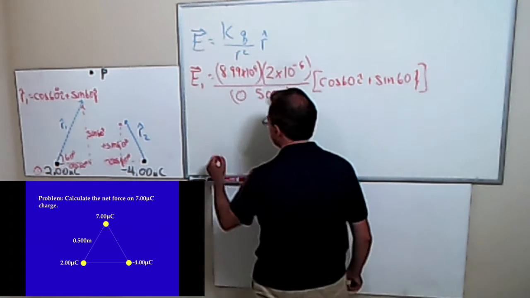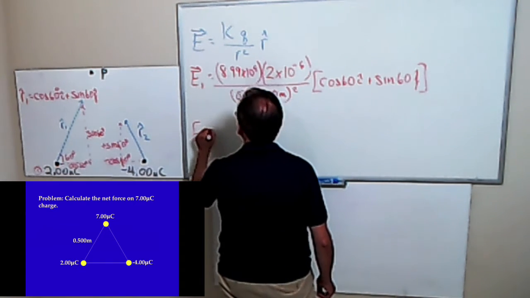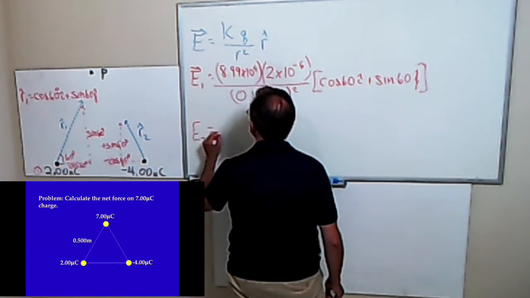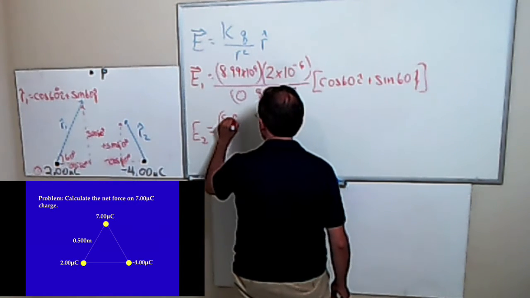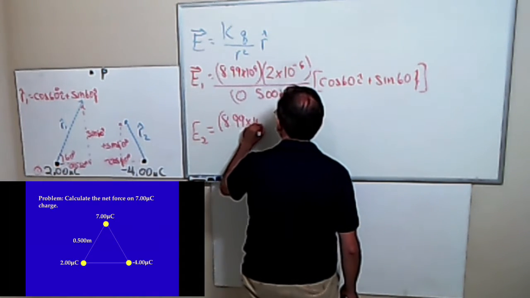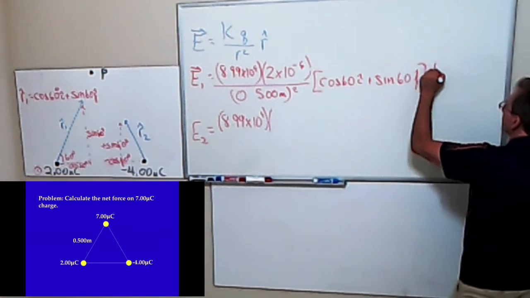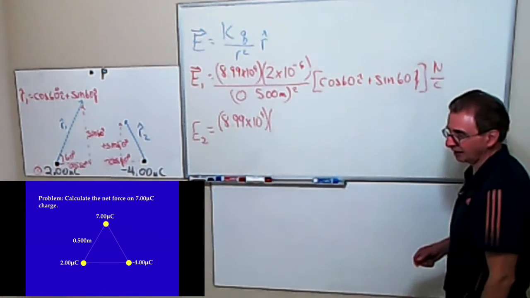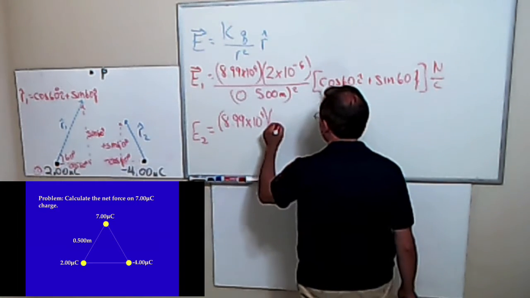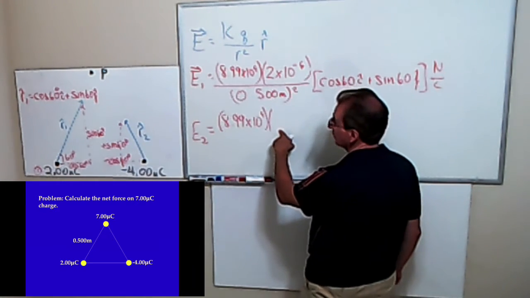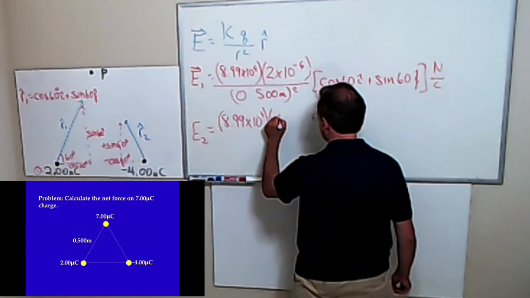We'll do the same thing for E2. And just in case you're curious, I'll put newtons per coulomb at the end for the units. Here, when I put the charge in, I will put in the actual sign of the charge.